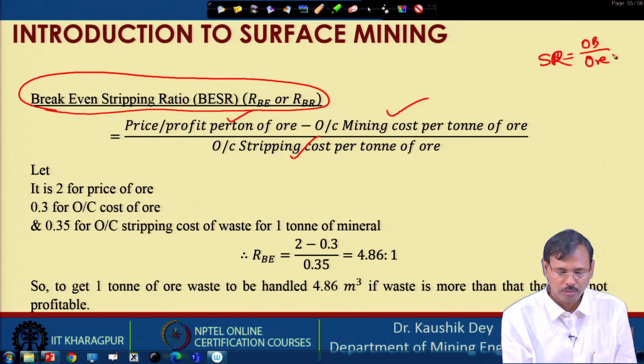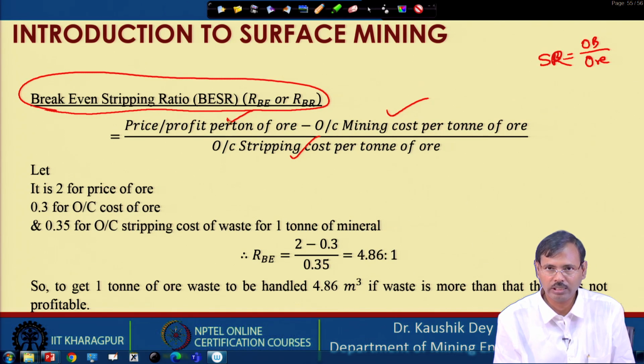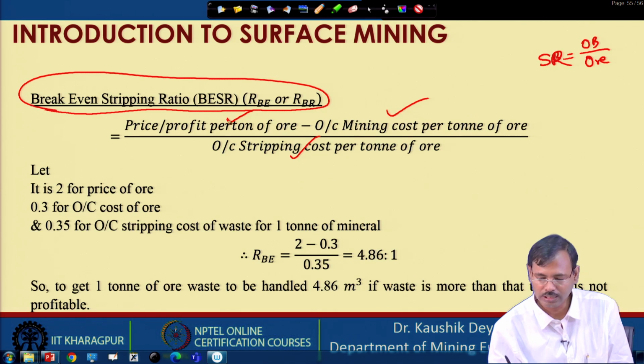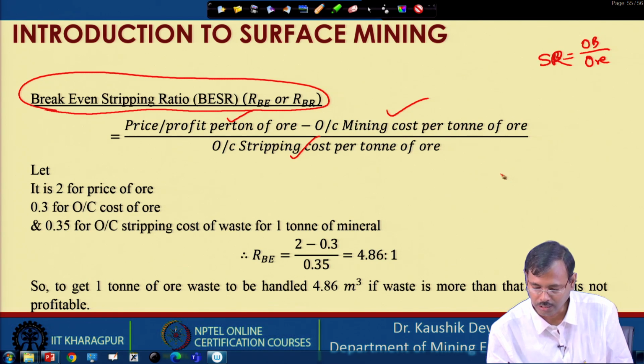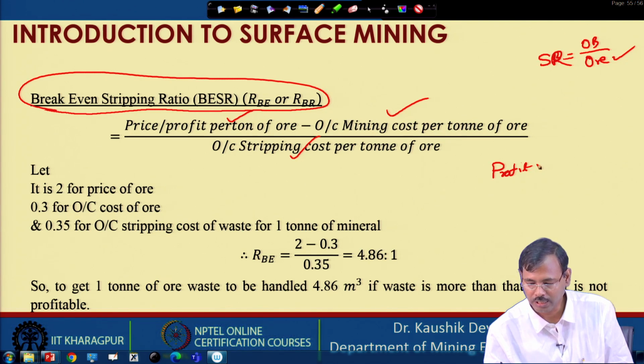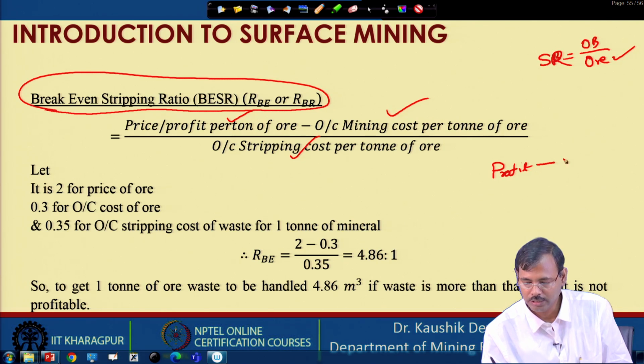So, break even stripping ratio is basically an economic term. It is giving us the profit we are getting by selling 1 ton of ore. From here we are deducting the cost of excavation of 1 ton of ore.